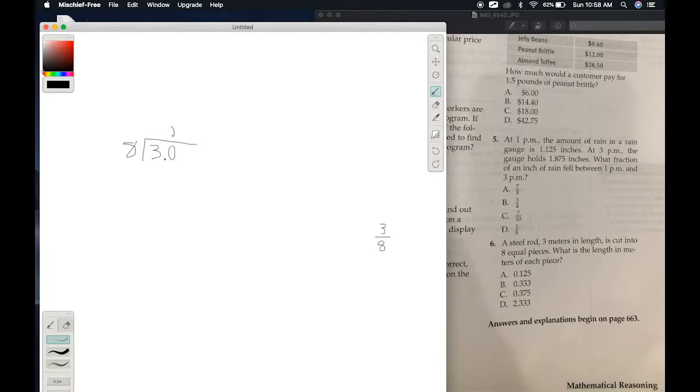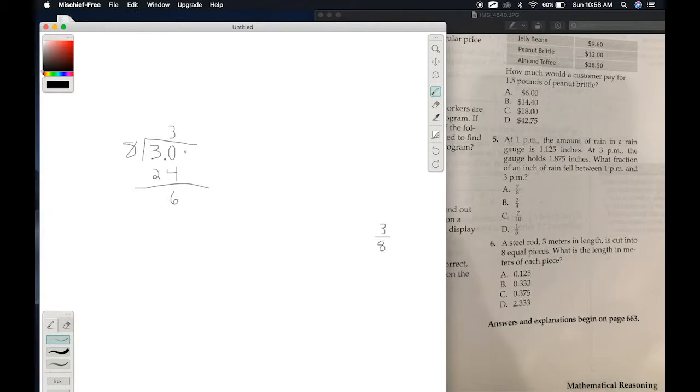Actually, sorry. That is incorrect. 8 goes into 30 3 times. 3 times 8 is 24. And then we take 24 away from 30, it equals 6, okay?